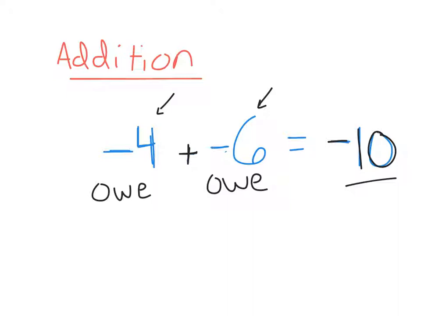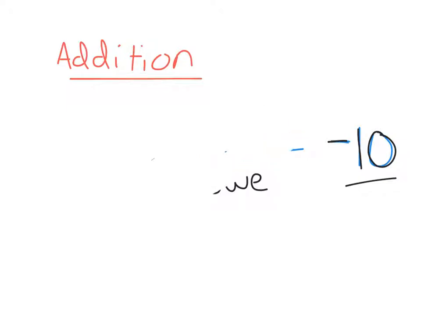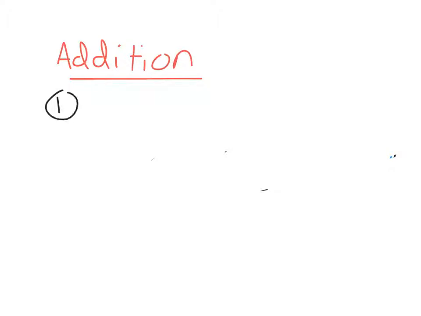So I mentioned at the very beginning, right before I started this, that addition actually has two rules. As we're maybe making our notes here, addition does have two rules. The first rule is what we just looked at in those two examples. Rule number 1 says when we're adding integers of the same sign, then what we're going to do is simply add them together and keep the sign.